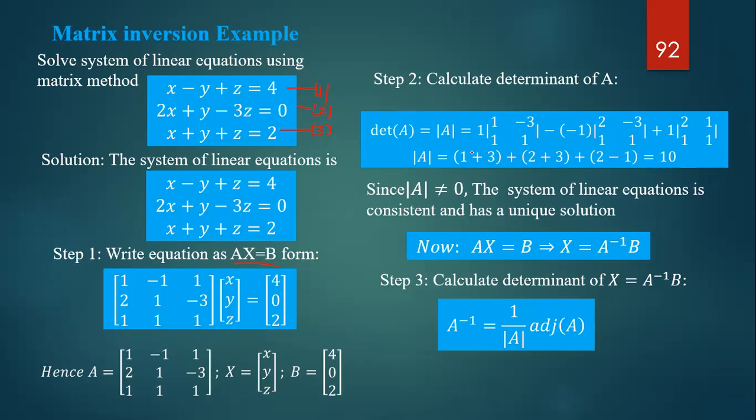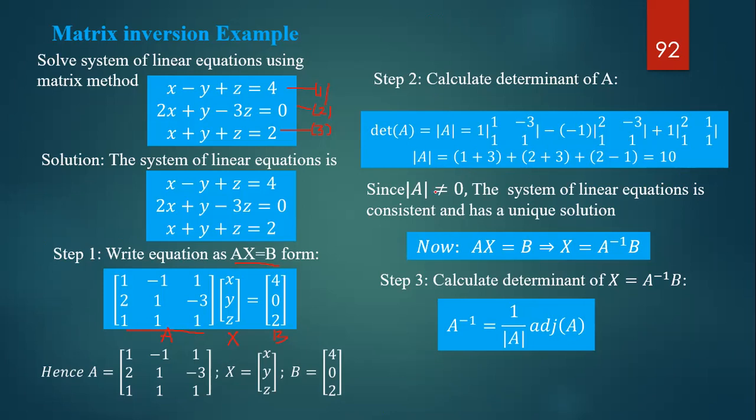The determinant of A is this matrix. This is our A matrix, this is our B, and this is our capital X. So our aim is to find X. The determinant of A is obtained as 10 here with the same principle as we have discussed.